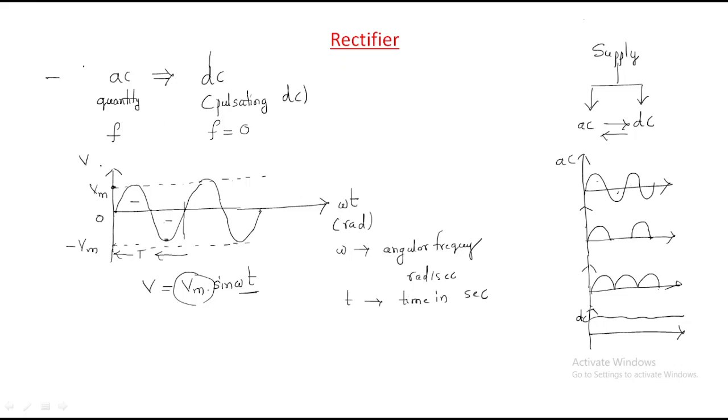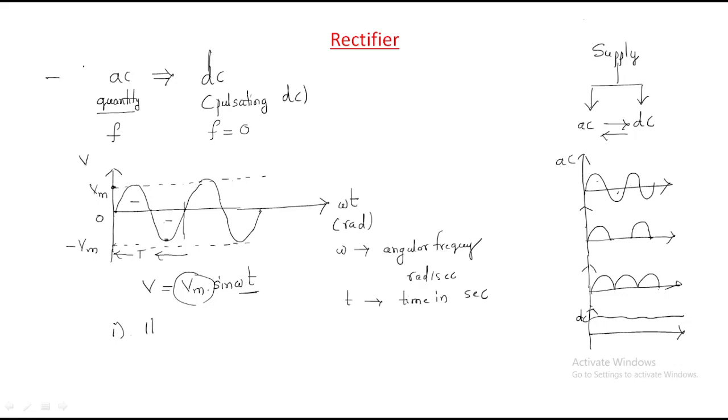By using this sinusoidal waveform, we can understand the rectifier. What is a rectifier? A rectifier is a circuit which converts an AC quantity into a DC quantity, and this DC is nothing but pulsating DC. In our syllabus we have to discuss three types of rectifiers.